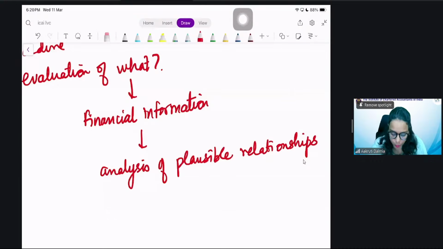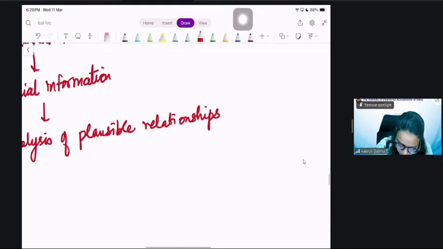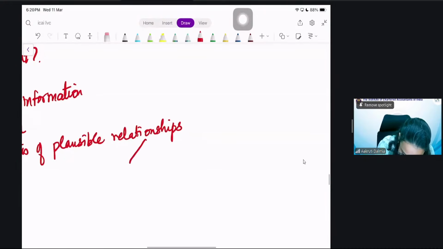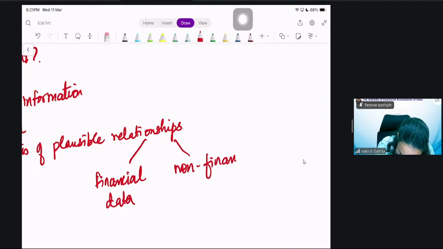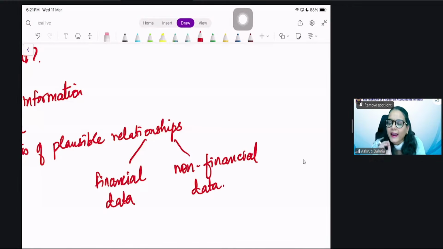Okay. So when you are trying to analyze or evaluate financial information by analyzing plausible relationships, relationship between both financial data and non-financial data. Okay. Tell me this, rent is a financial data or non-financial data?